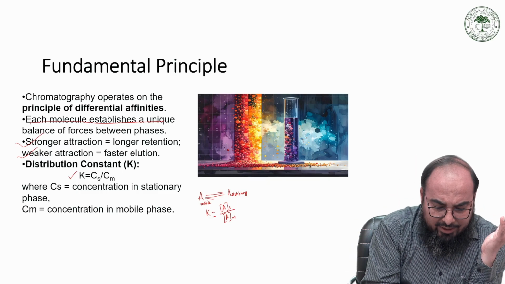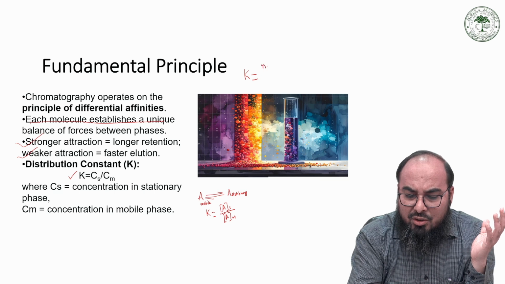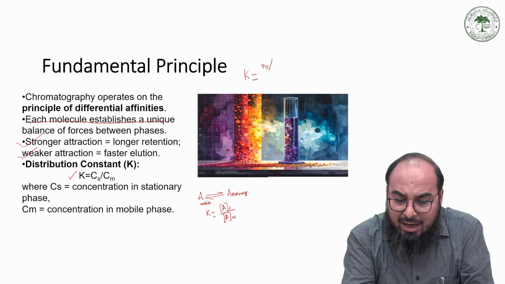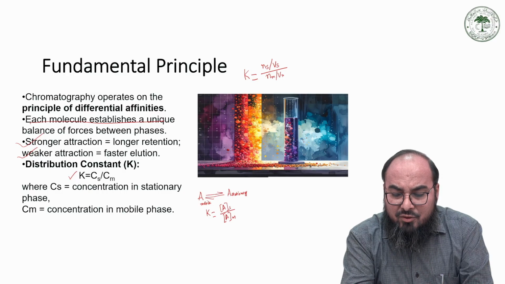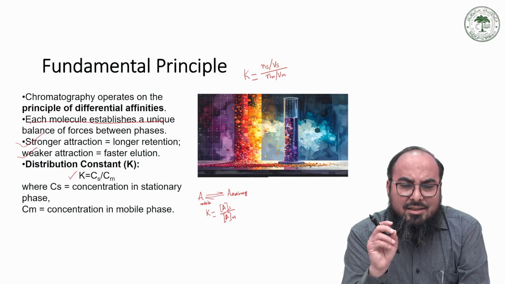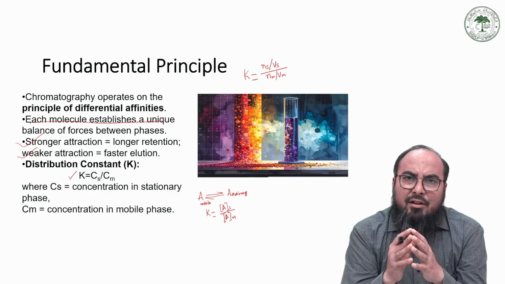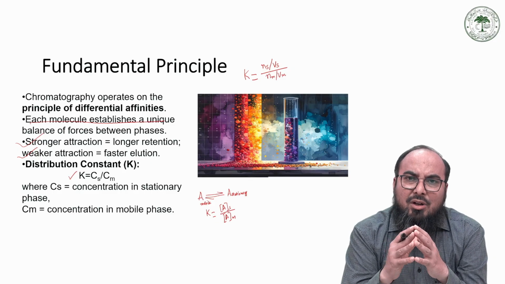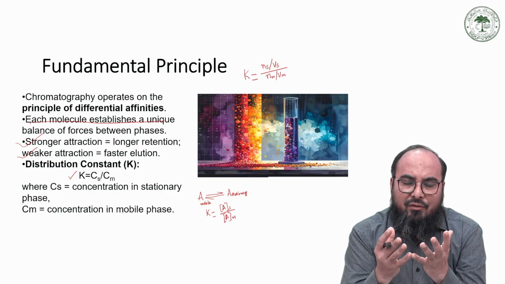You can also define this K as the number of moles of solute in the stationary phase divided by the volume of the stationary phase, upon the number of moles of solute in the mobile phase divided by the volume of the mobile phase. So this distribution constant, which is different for each component, is the measure of the interaction with the stationary phase and the mobile phase.